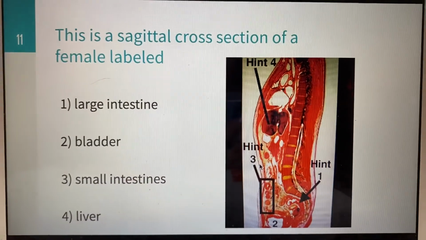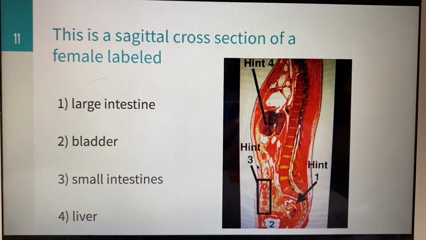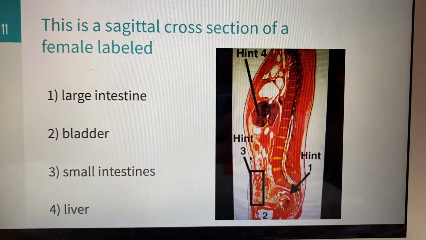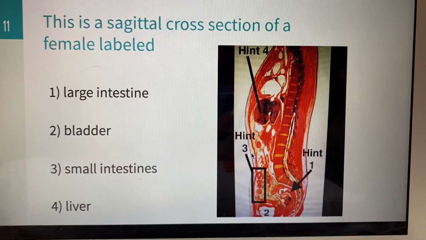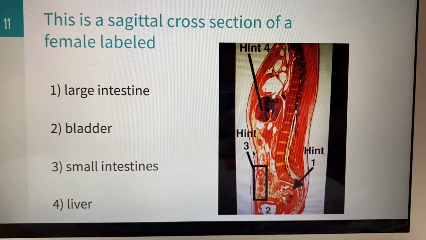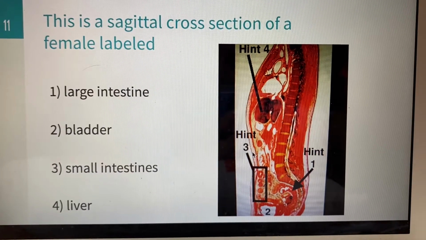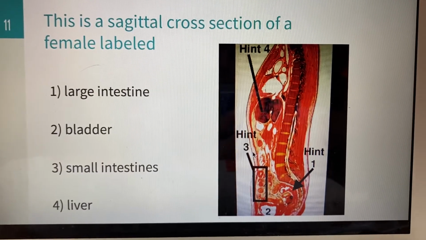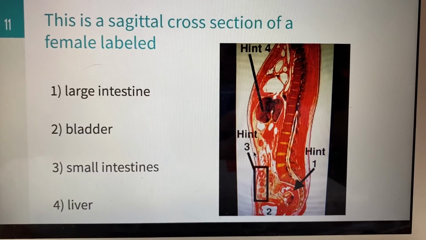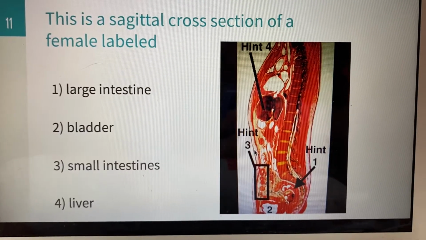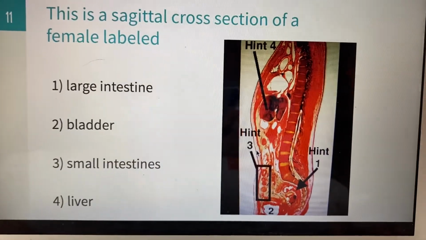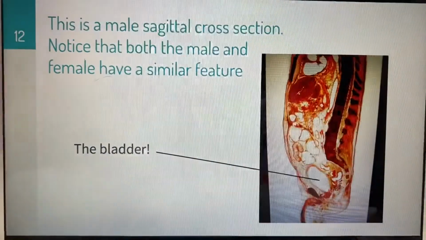Following this is the sagittal cross-section, so from the side, and this would be a female cadaver. So again, matching them all up. It's important to note that number 2, you can tell is the bladder because it's a very hollow and open organ. So that's always a hint you can use to help you out.